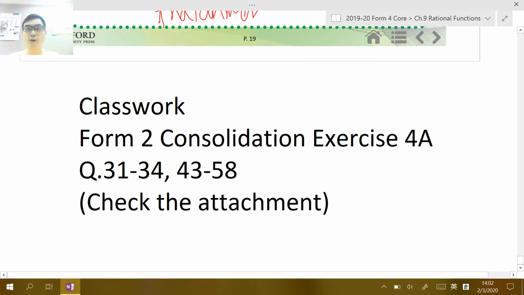Just like before, do them on your single-line paper. And don't worry, this time I will attach the Consolidation Exercise PDF in the Google Classroom. So you just open the PDF file, do the answers on single-line paper, then scan it and upload it to the Google Classroom to let your subject teacher check.